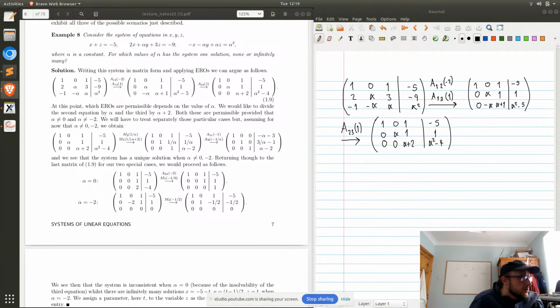Principal diagonal, upper diagonal. Yeah, okay.